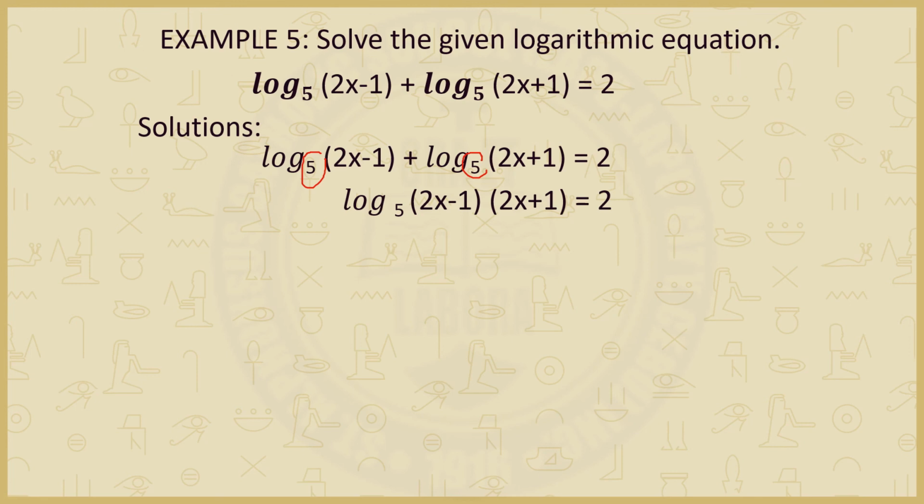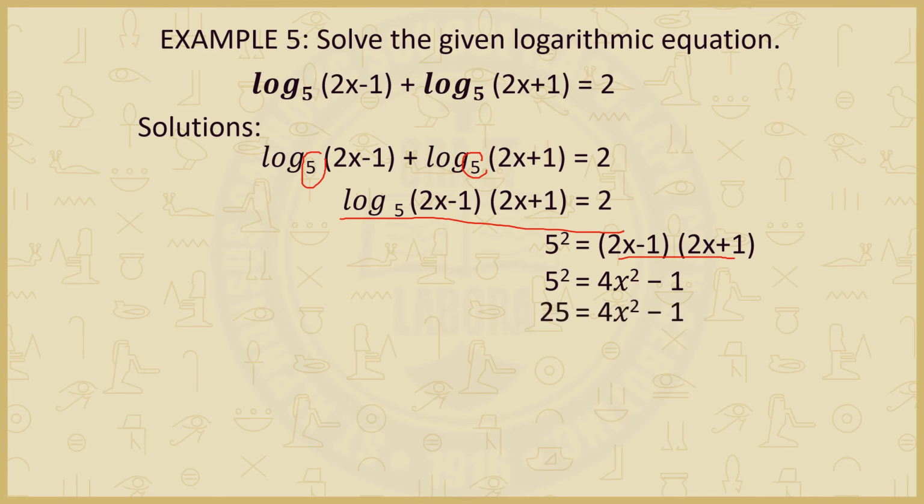After that, we are going to make this equation into exponential form, and it will become 5 squared is equal to 2x minus 1 times 2x plus 1. After that, get its product, and our equation becomes 5 squared is equal to 4x squared minus 1.